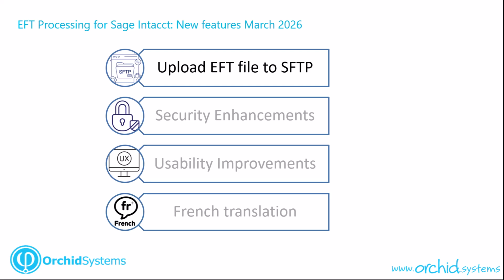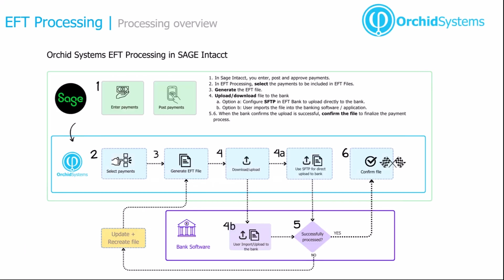The first new feature in the March 2026 product update that I'm going to run through is the ability to upload an EFT file to an SFTP site. Using Orchid's EFT processing for Sage Intacct, you are able to select payments, whether those are AP payments or AR payments or employee reimbursements, and generate an EFT file.